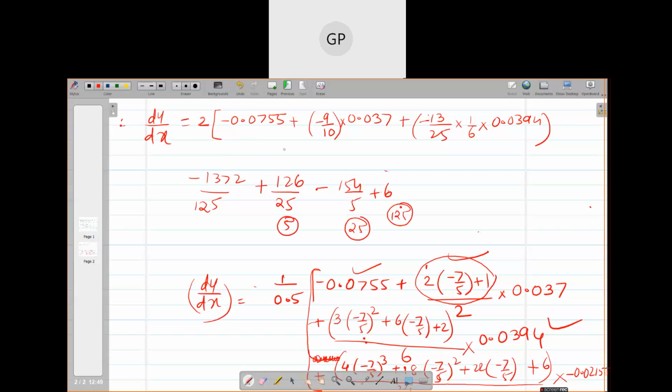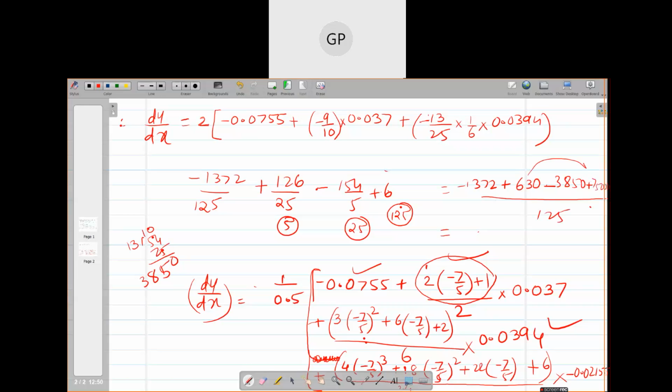So this will come to minus 1372 plus 126 into 5, which would be 630. 630 minus 154 into 25. Satche Pannas divided by 125.